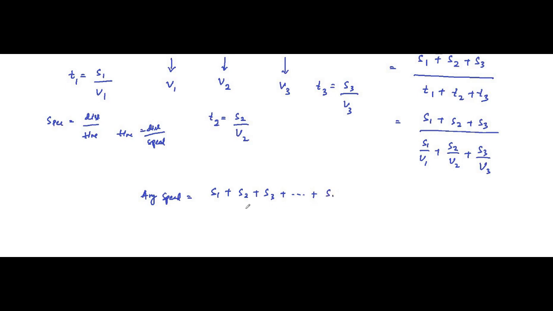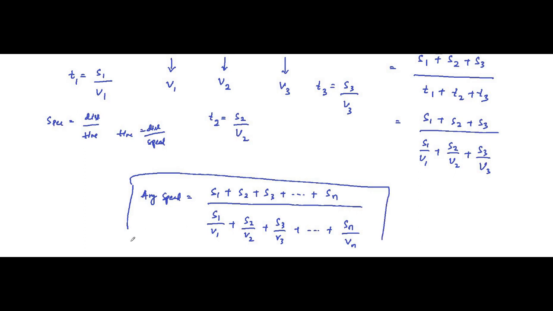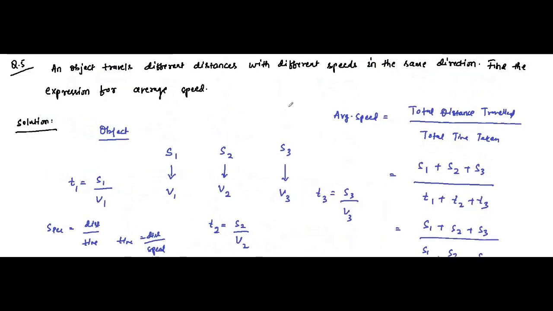Let's say it covers n such distances and it has n such different speeds, then it will be s1 by v1 plus s2 by v2 plus s3 by v3 dot dot dot sn by vn. This is the general expression of average speed of an object which covers unequal distances with different speeds in the same direction.